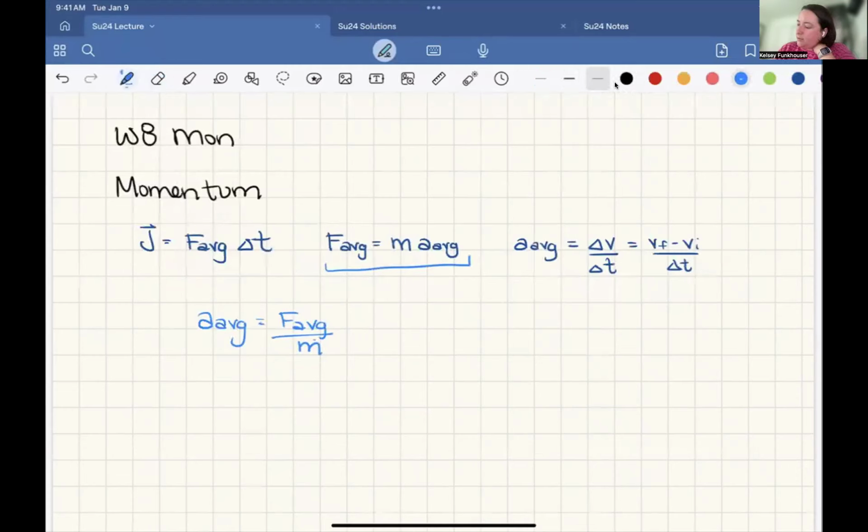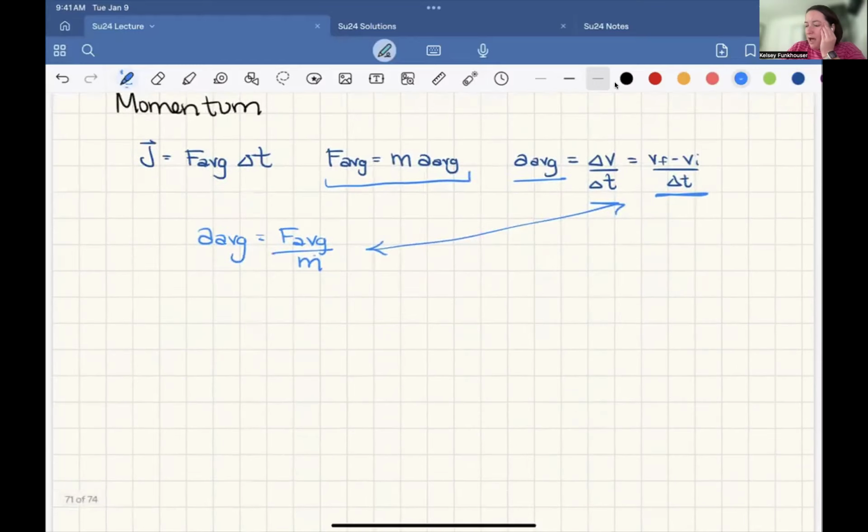And it also is equal to this over here, so we can set those equal to each other. So we have the average force over the mass is equal to the final velocity minus the initial velocity over the time interval.